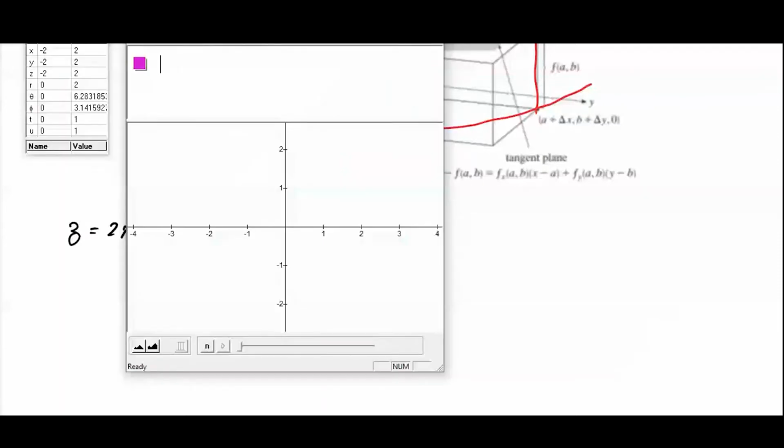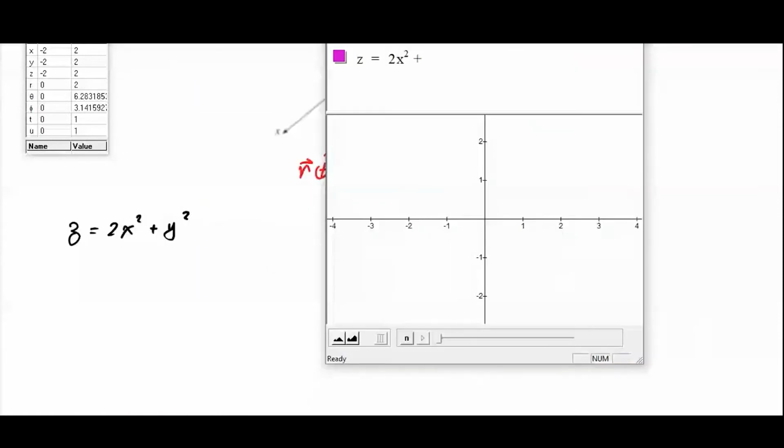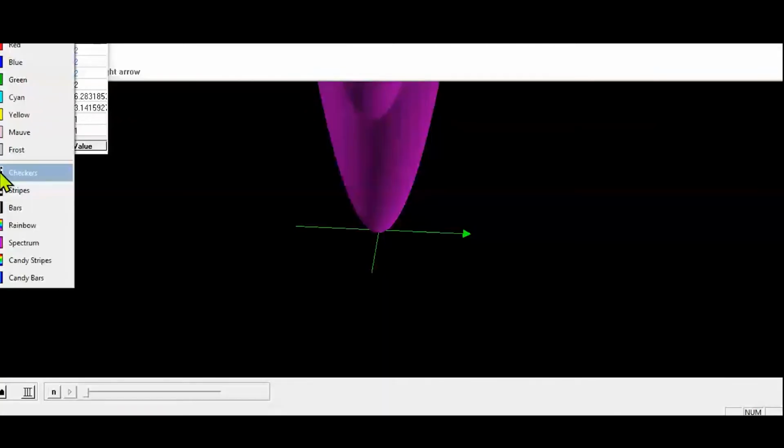So z is equal to 2x squared plus y squared. So here you have it, paraboloid. Okay, how's that? Maybe I like checkers too much.